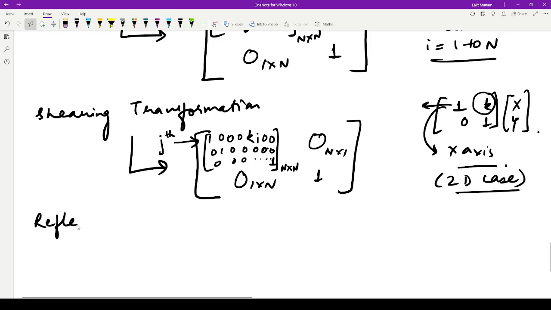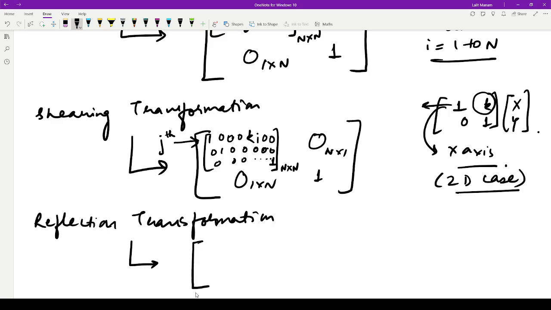Last is reflection, right? Reflection is a complicated phenomenon in the sense that in higher dimensions it gets complicated.